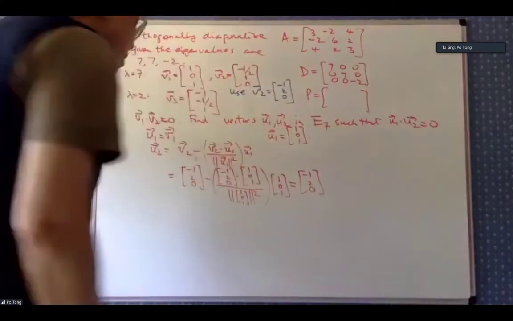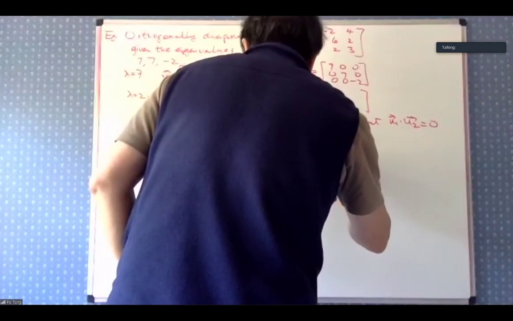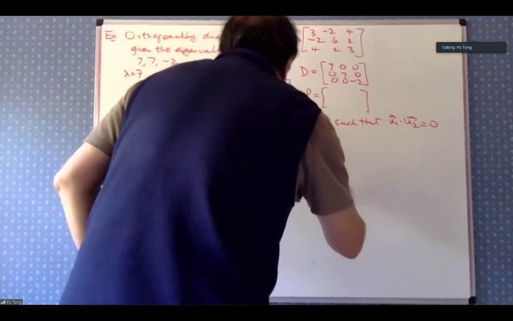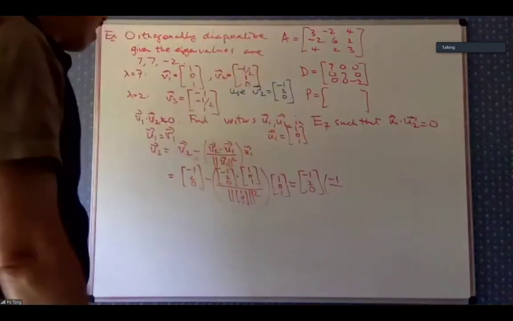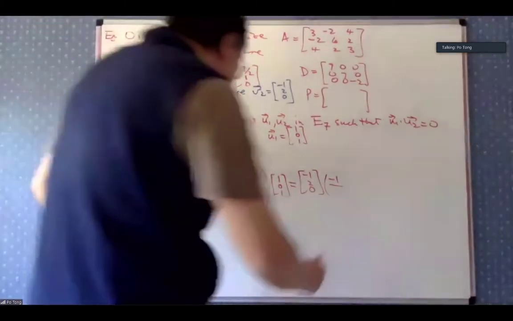This dot product, what's that dot product? -1. -1 over what? 1 squared plus 1 squared is 2.